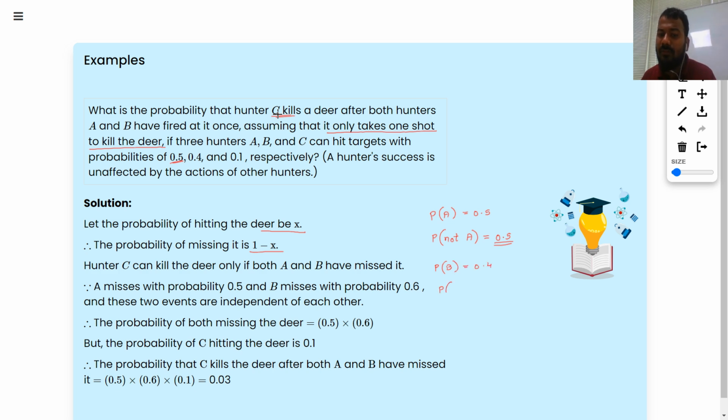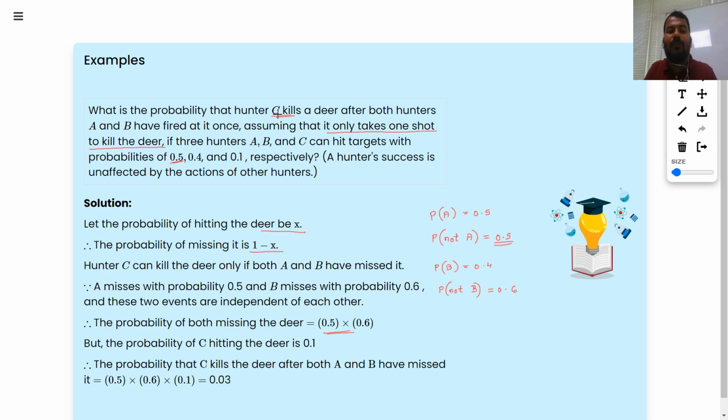Then the probability of B not hitting the target is going to be 0.6. Now we know that A is firing but not hitting the target, and B is also firing, not hitting the target. I can say that the probability is going to be the product of these two. 0.5 times 0.6 is the probability that both of them do not hit the target.